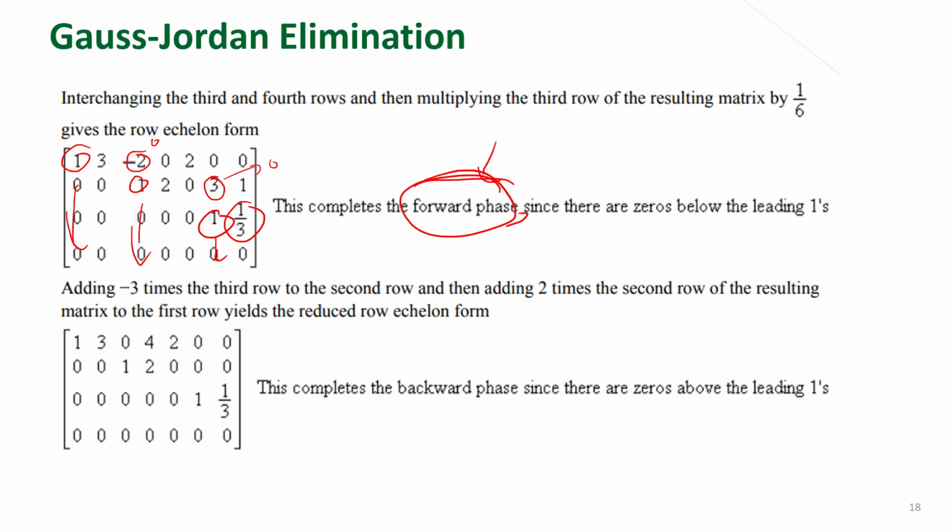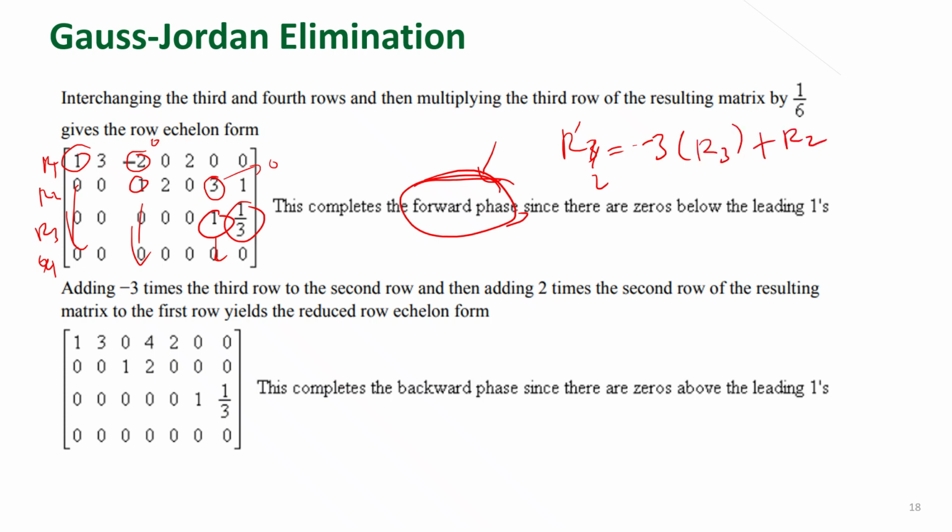So the new row 2 will be equal to -3 multiplied by row 3 plus the original row 2.